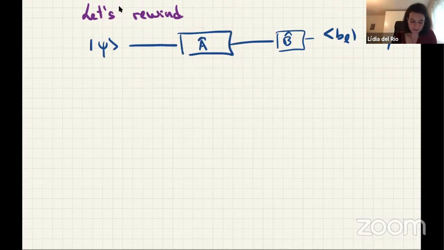Okay. So then if we go back here and we want to think about what's the probability of getting some outcome K here, given that I got this outcome L here at the end, right?